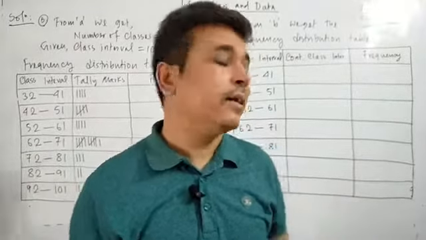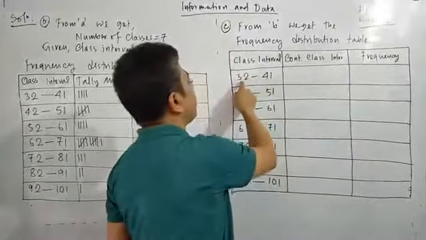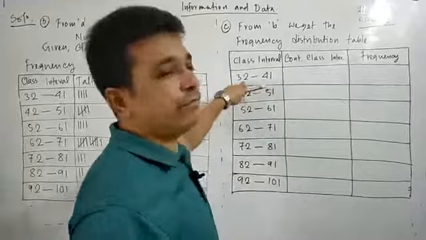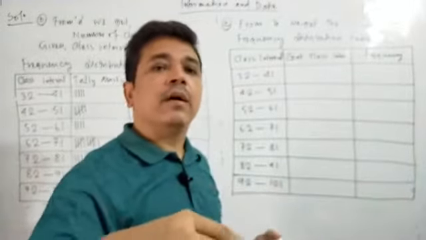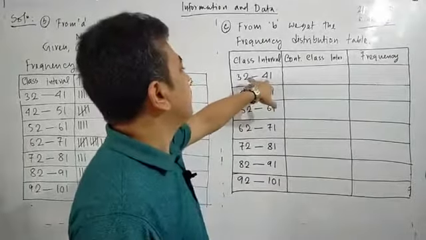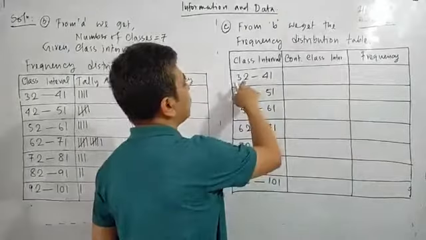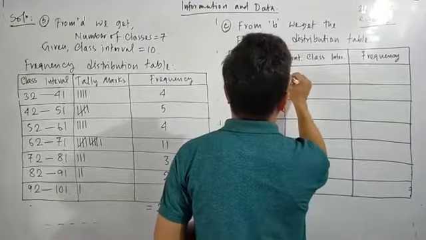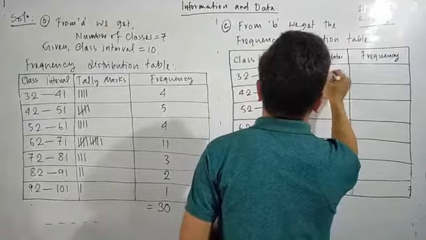We can make it this way: we subtract 0.5 from the lowest number of every single class, and we add 0.5 to the highest number of every single class. So it is 31.5 here, and here it is 41.5.